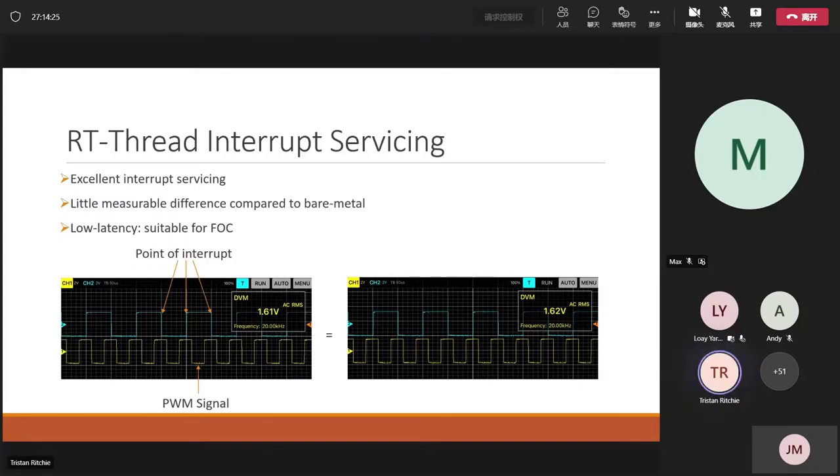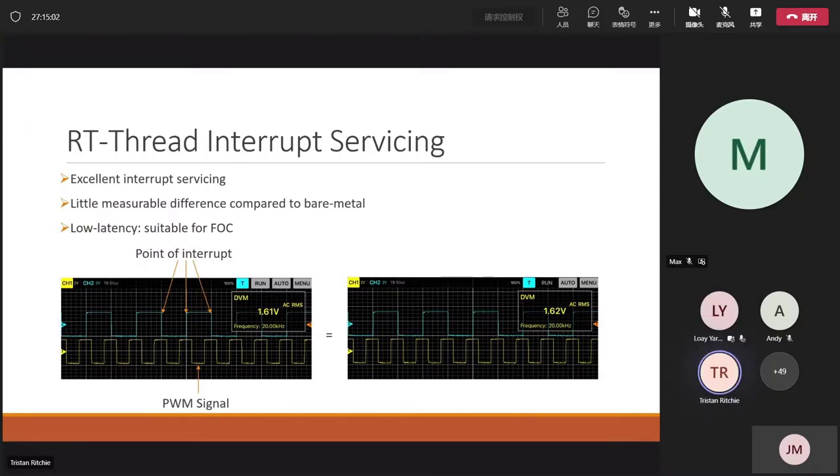This first test shown here demonstrates the excellent interrupt servicing capabilities of RT-Thread. And in fact, along the bottom, these two images show profiling measurements taken from a bare metal implementation shown on the left, and the RT-Thread implementation shown on the right, where each edge of channel 2, shown in blue, represents one ADC conversion complete interrupt, and the 20 kilohertz PWM signal is shown on the bottom in yellow.